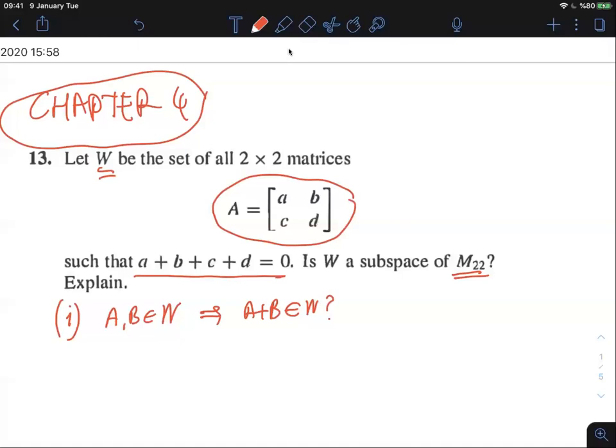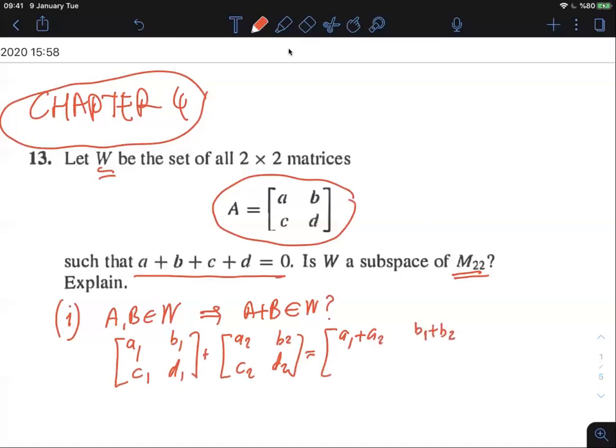So what we need to show is take any two such elements, A1, B1, C1, D1, and A2, B2, C2, D2. And if we add them, what do we get? We get A1 plus A2, B1 plus B2, and D1 plus D2. Okay, so this lies in W and this matrix lies in W. What does it mean?